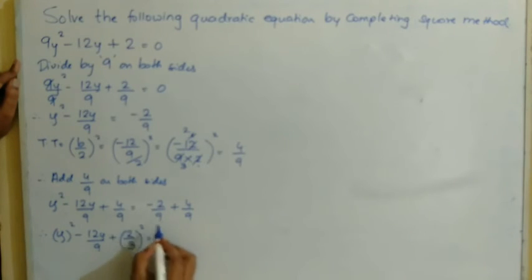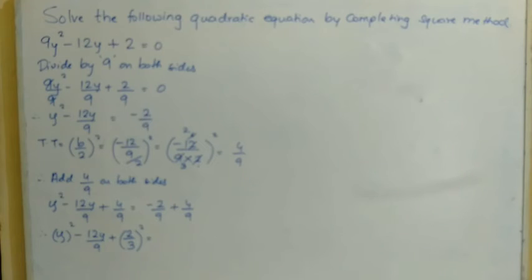And here we can directly do the addition, we have the same denominator, so minus 2 plus 4 we will get plus 2. So we have 2 upon 9. Now we have (y minus 2 upon 3) the whole square equals 2 upon 9.